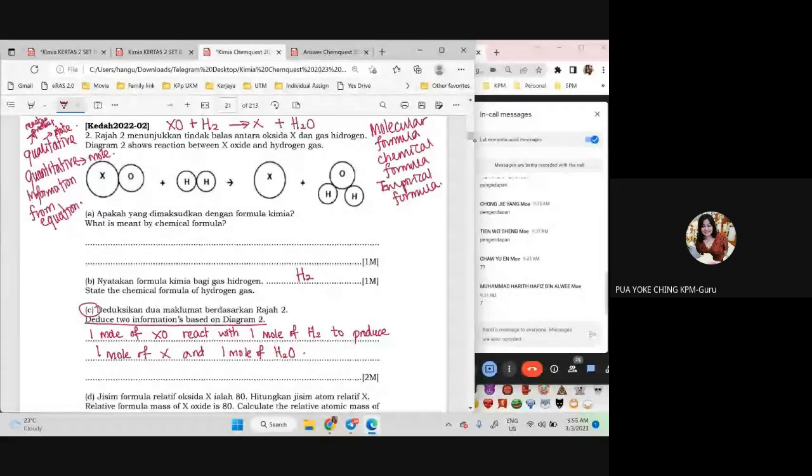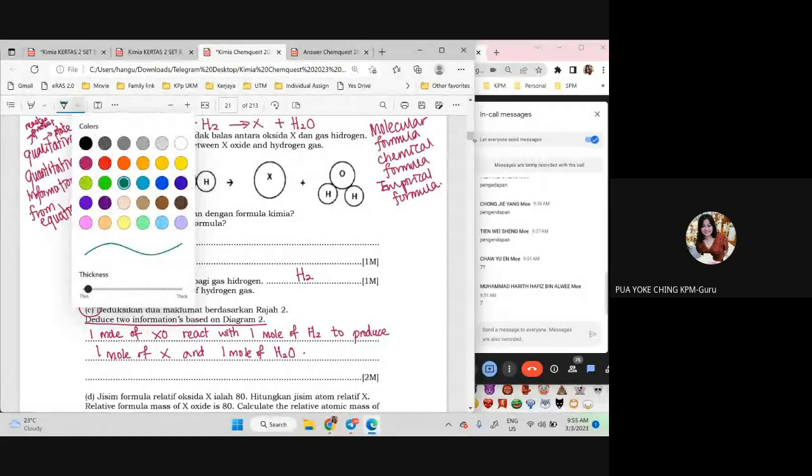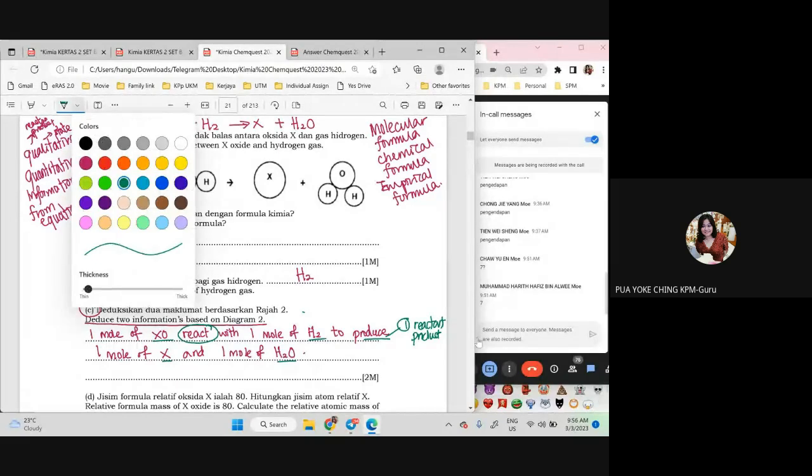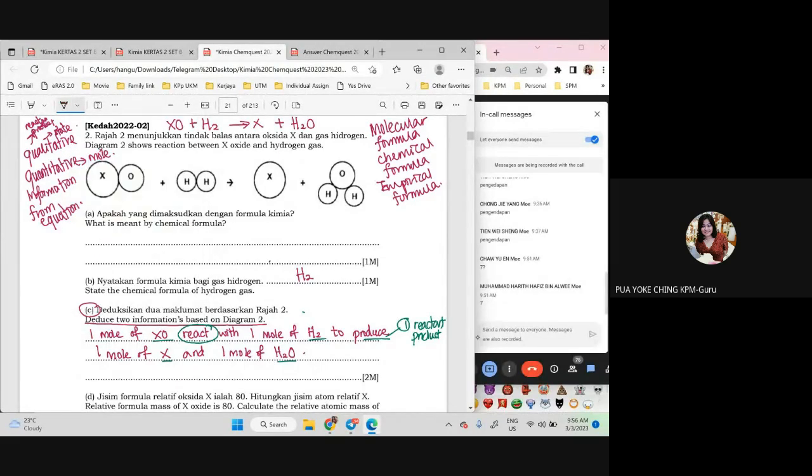So, dalam jawapan saya, walaupun I only have one sentence, but I already have the react. So, I know XO and H2 is the reactant. Produce, I know my X and H2O is the product. So, I dah dapat 1 mark on reactant and product. Second point is on my quantitative.